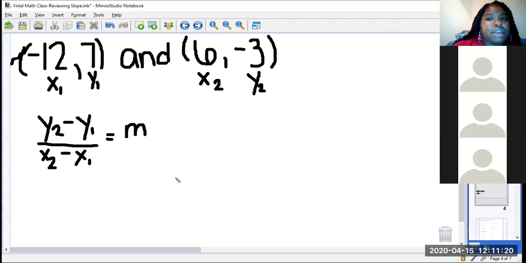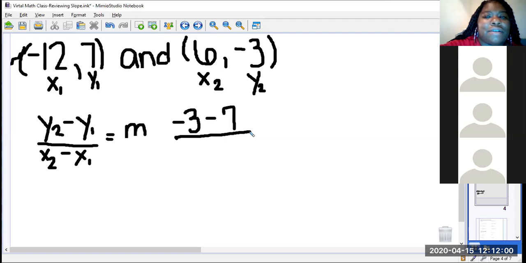So now tell me where my numbers go. What goes at the top? Negative 3 take away 7. Yes. So remember, when we name our numbers, we're substituting the numbers in for the letters in the equation. So y2 minus y1 would be the same thing as saying -3 minus 7. Okay.